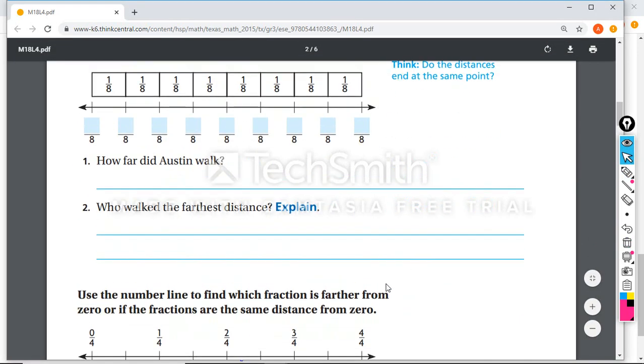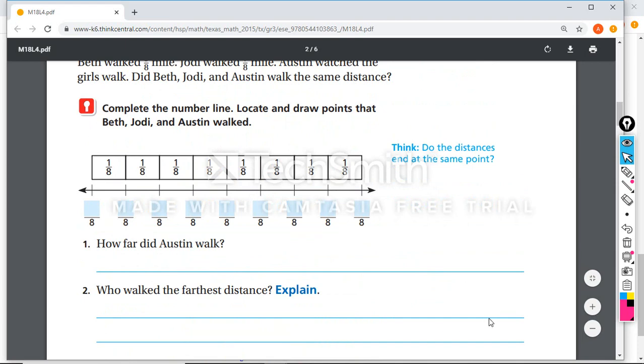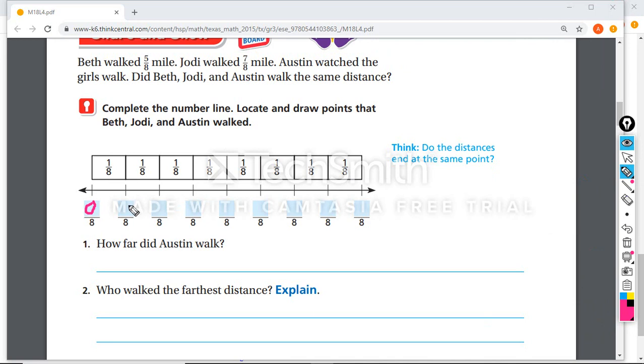Okay, so who walked the farthest distance? Oh, I erased that. Sorry about that. So 0, 1, 2, 3, 4, 5, 6, 7, 8. This is Beth, 5/8. Jody is 7/8. So who walked the farthest? Jody walked the farthest. Why?